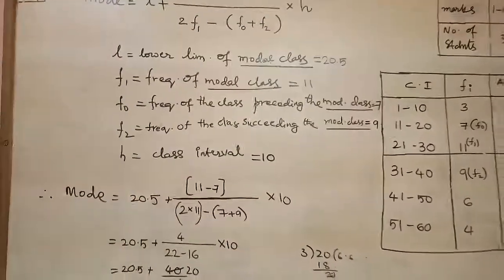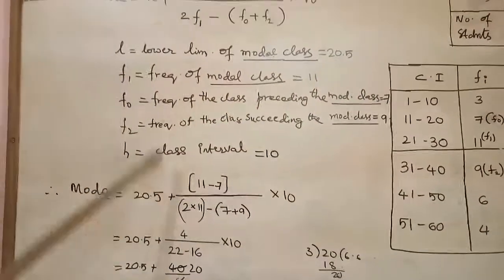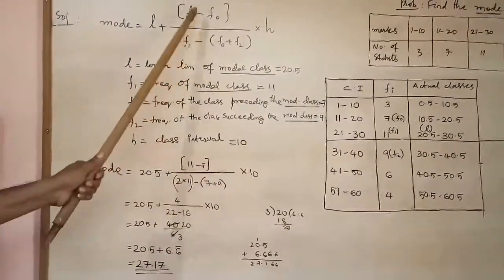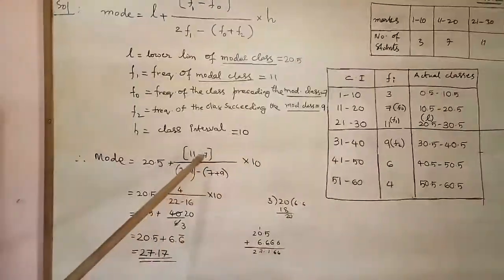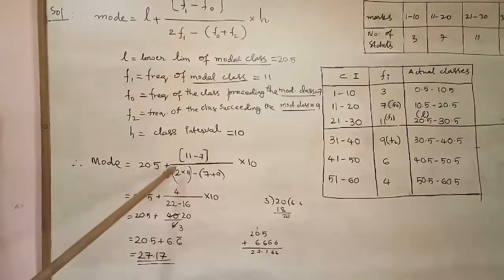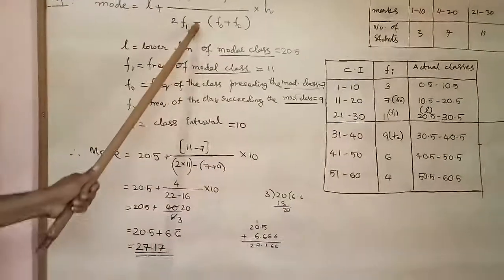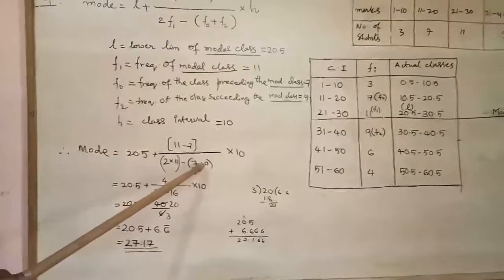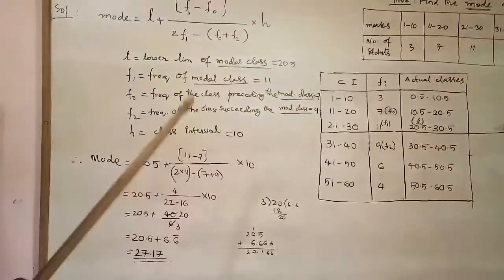L is equal to 20.5, plus F1, which is 11, minus F0, which is 7, whole by 2 into F1, which is 2 into 11, minus F0 plus F2. These F0 and F2 values are substituted, into H, where H is equal to 10.